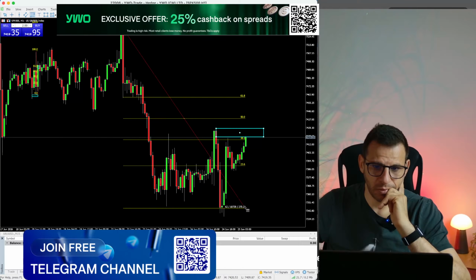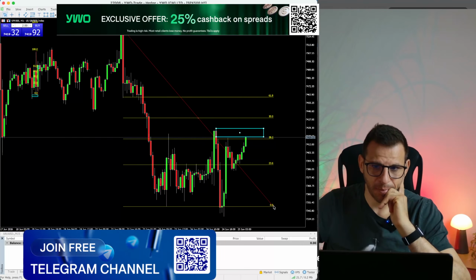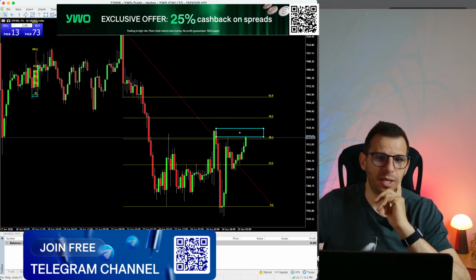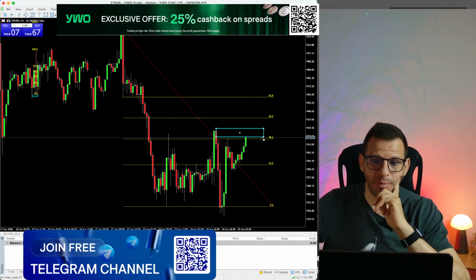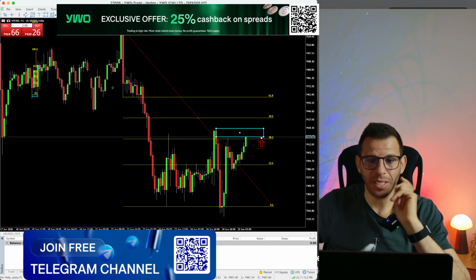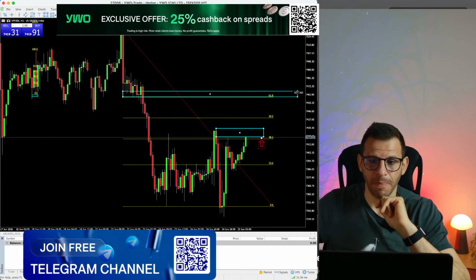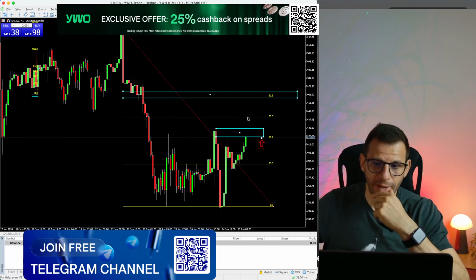So for the S&P today, there is a high chance, and very high chance, to see a break above this key level, above here, and I can see the price coming into this territory today.